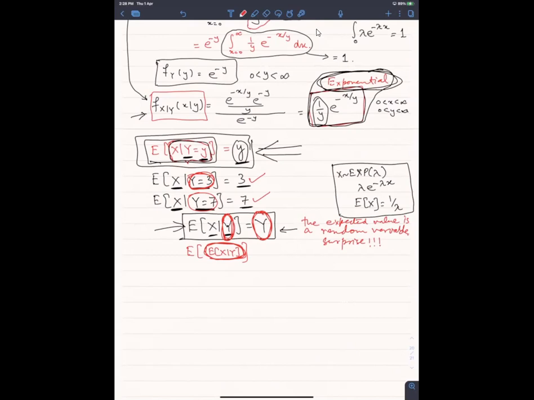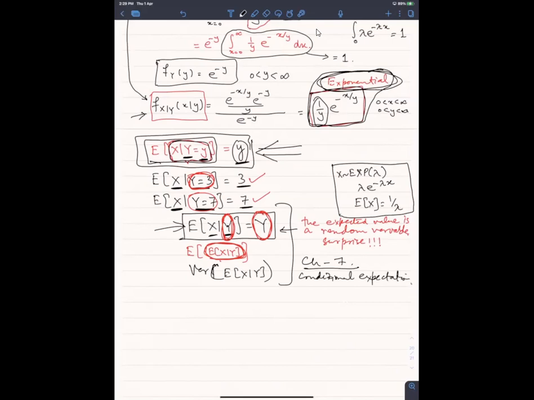Whatever is a random variable should have a distribution. So since it is a random variable, I can take its expected value and its variance too. I can talk about the variance of expected value of x given y. I can talk about that, and we will talk about that in chapter 7. This is called conditional expectation.